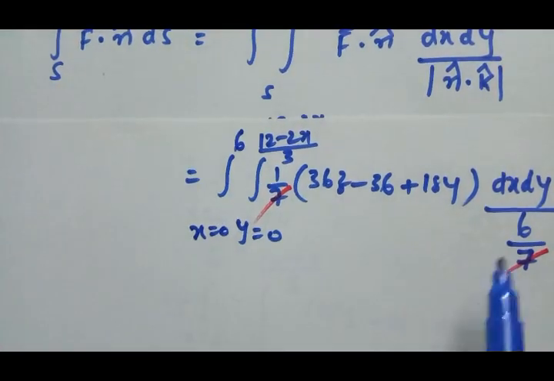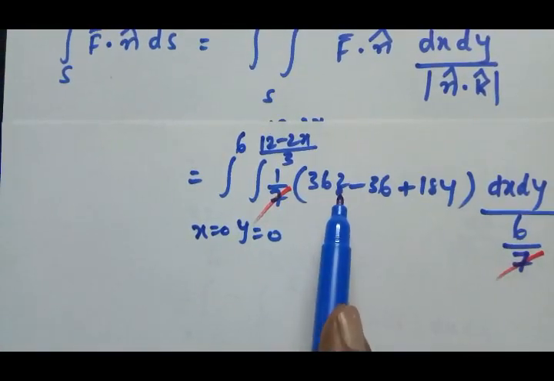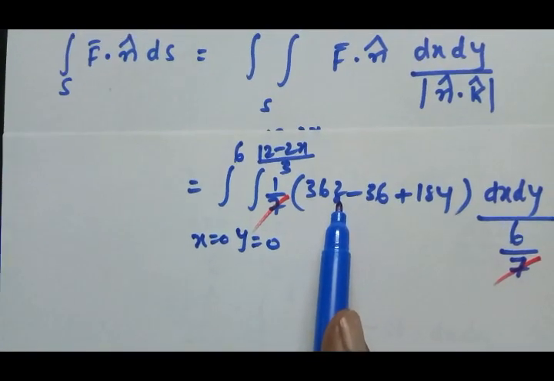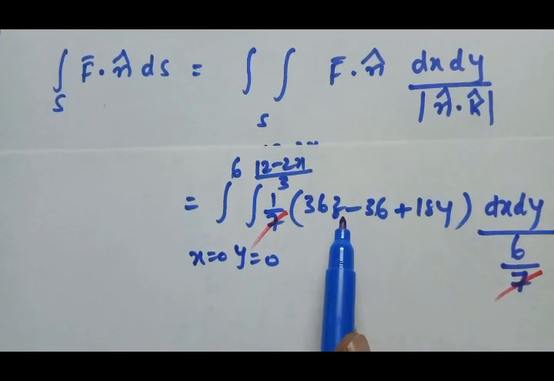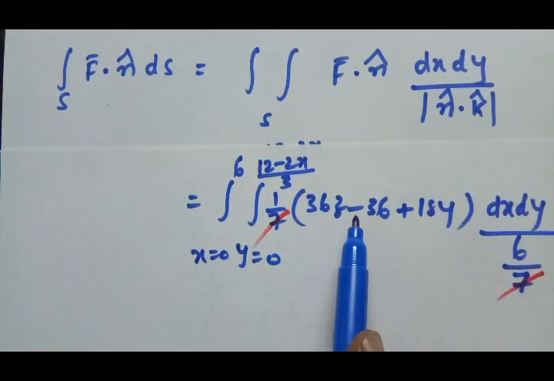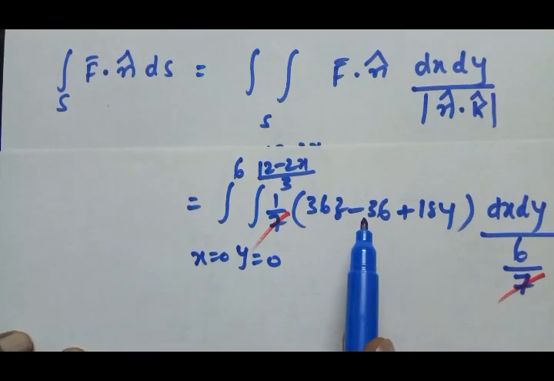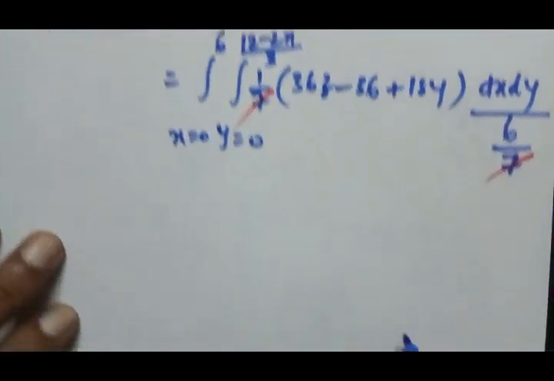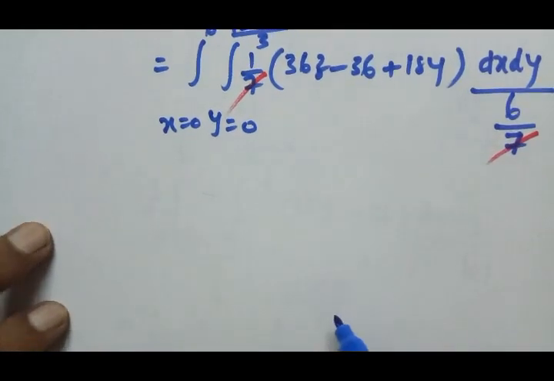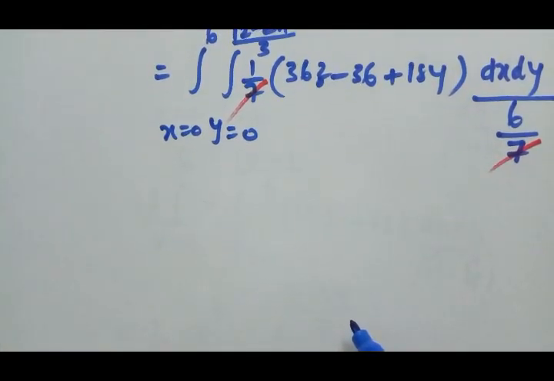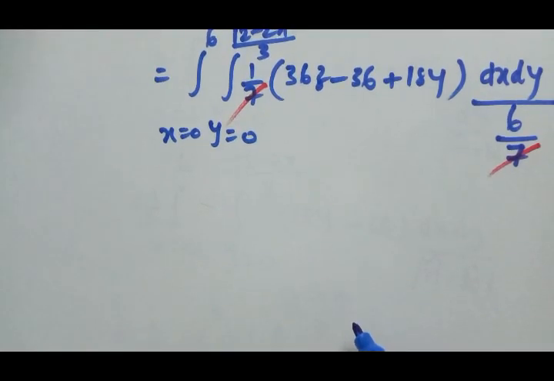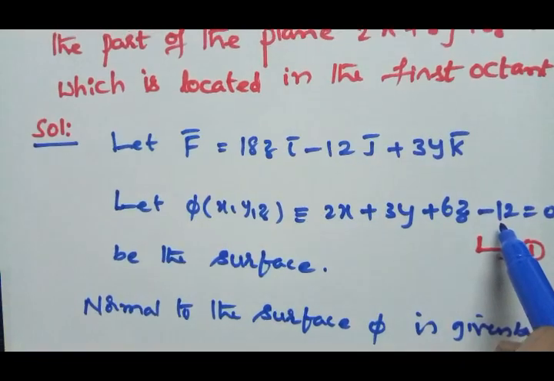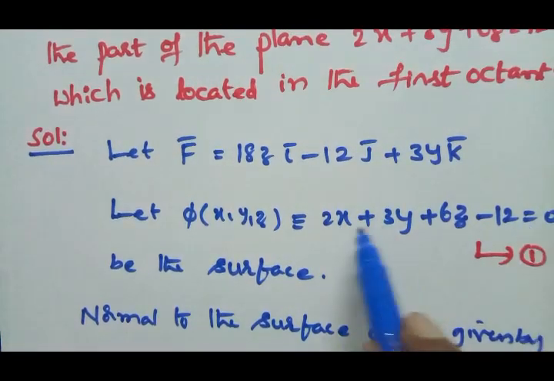Here the integration is with respect to x and y. So you have to transform this z in terms of x and y by making the substitution from the surface equation. Our surface equation phi is 2x plus 3y plus 6z minus 12 equal to 0.